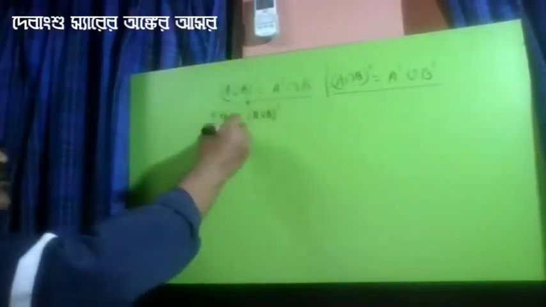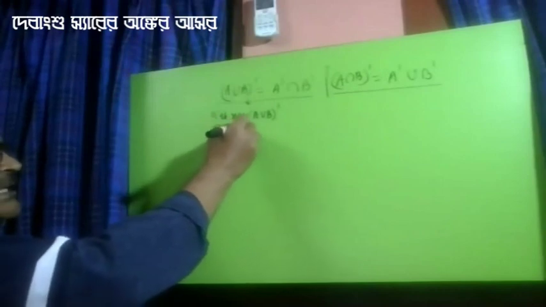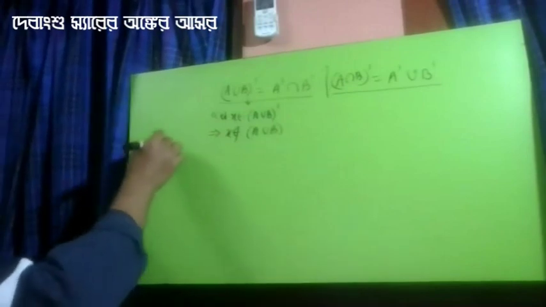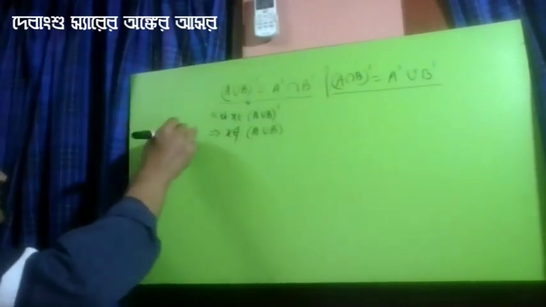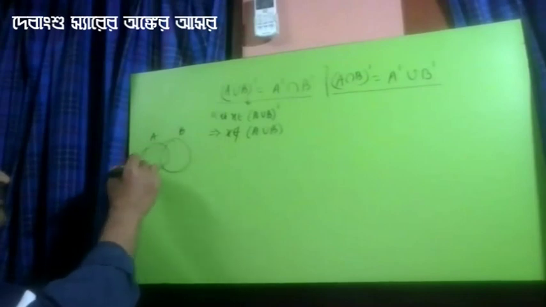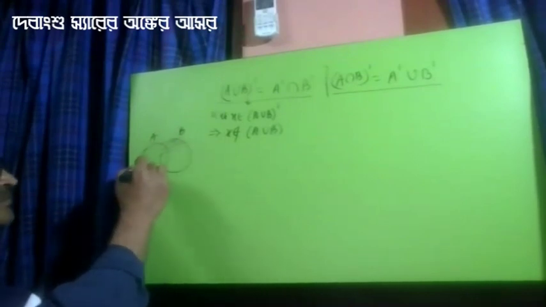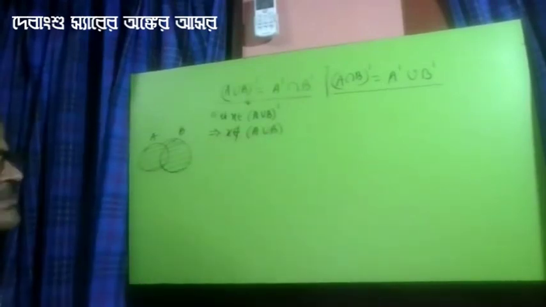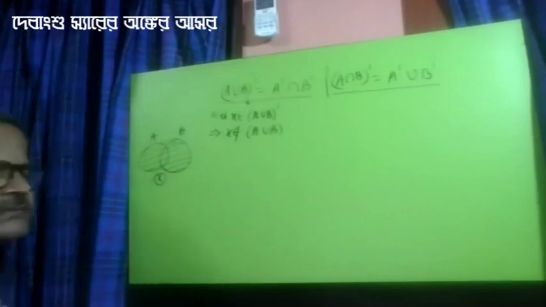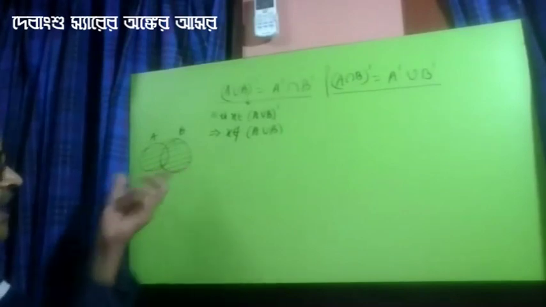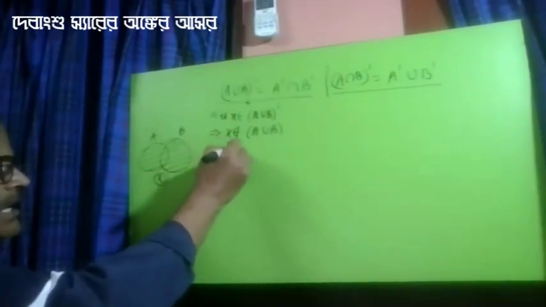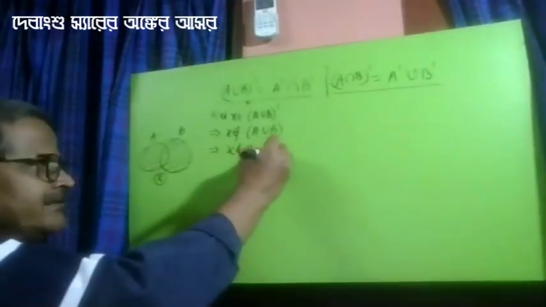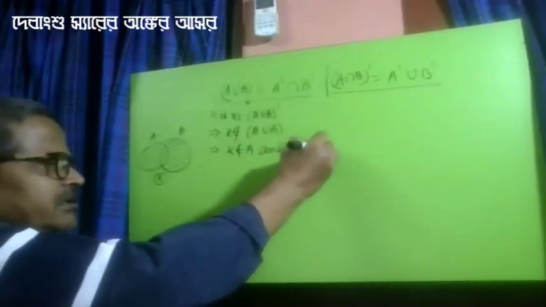Since X belongs to its complement, that implies X does not belong to A union B. Now you notice this is A, this is B. And we know that A union B is the total, and X is not in A union B. That is, X is there like this. So this diagram shows that X does not belong to A and X does not belong to B.